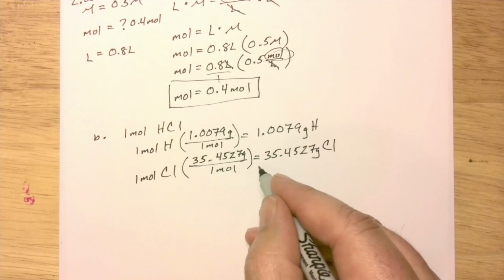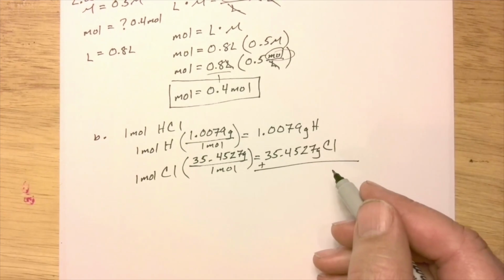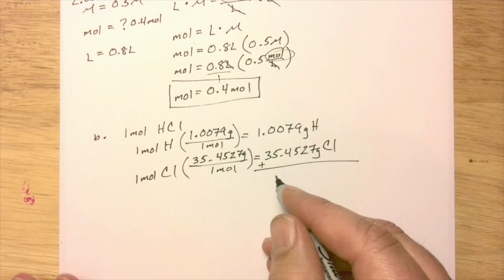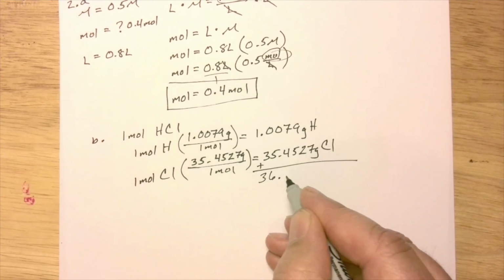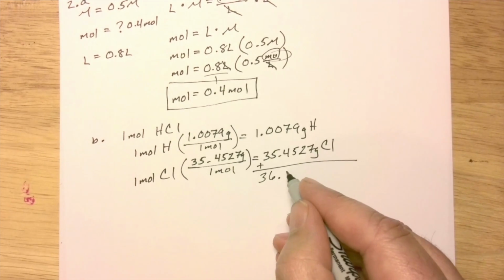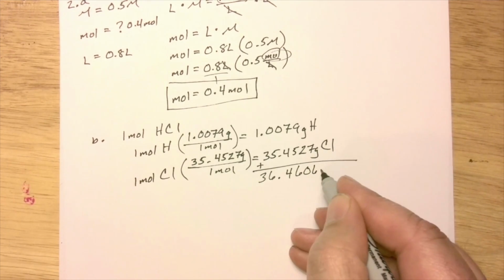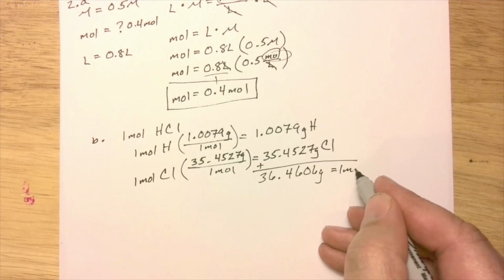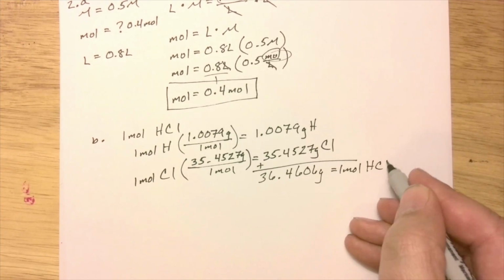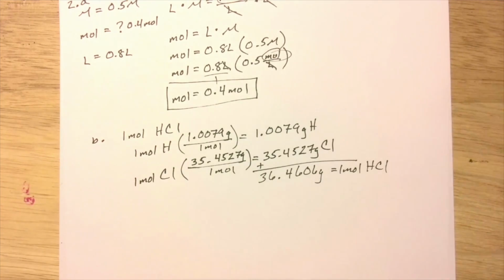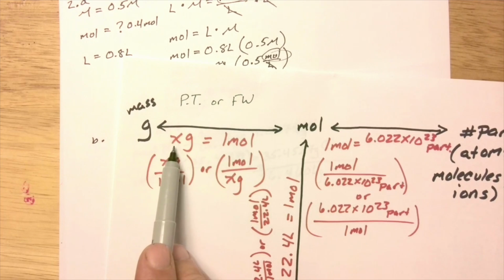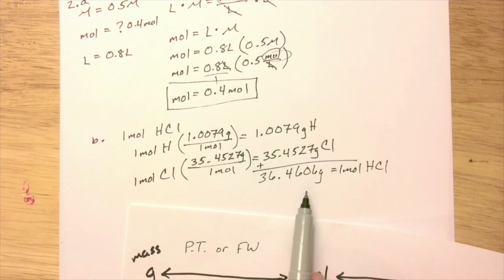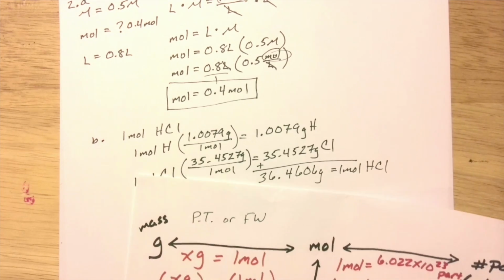So the total mass, so you're just taking the weight of all the individual parts, comes out to be about 36.4606 grams, is equal to 1 mole of hydrochloric. And basically all you did right now is you just solved for the X number of grams. So this right here is going to become your conversion units for this part.